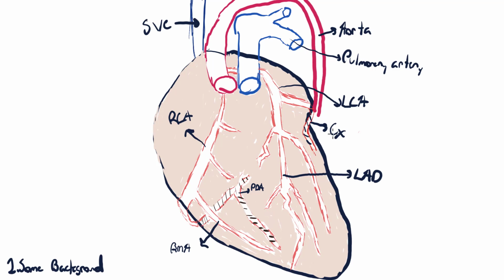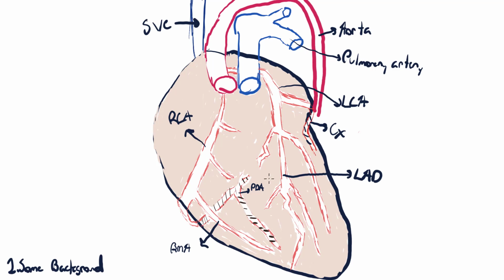The circumflex artery is responsible for delivering blood to the left atrium and the posterior and side areas of the left ventricle. So if an infarct occurs in one of these areas, you're going to see a deficit in the corresponding portion of the heart. Wherever the blockage is occurring, we're talking more in the case of an MI, that's where you're going to see the effects, distal to the portion of the injury, right?